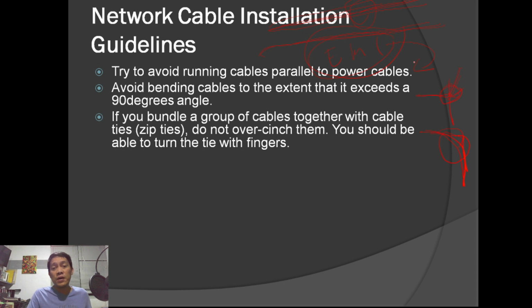Okay, if you bundle a group of cables together with cable ties, do not overtighten them. You should be able to turn the tie with your fingers. So as much as possible, if you have a bunch of cable, wag nyo daw masyadong higpitan yung pagkaka-cable tie, because baka masyadong mayupi yung copper dito or the cable dito.